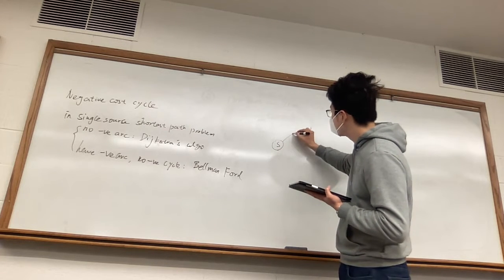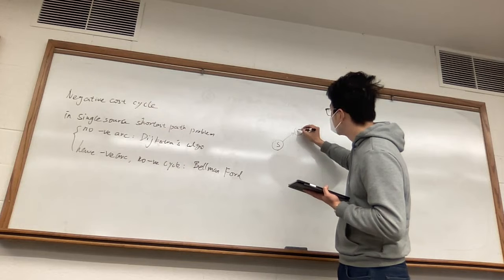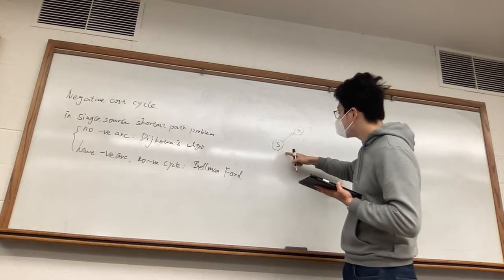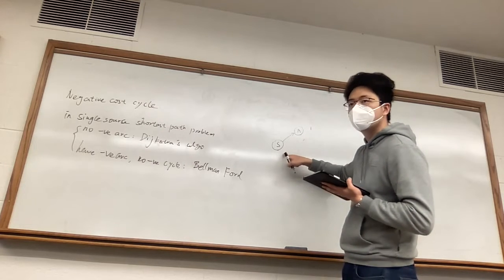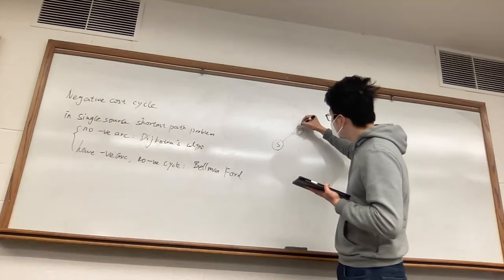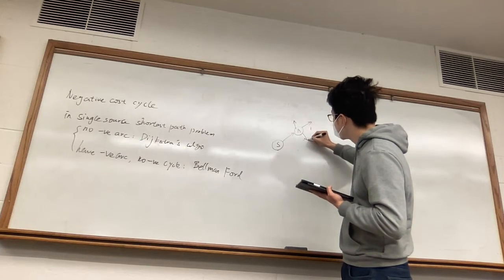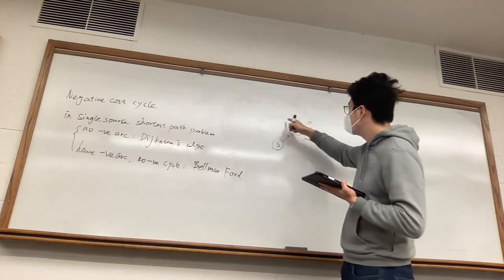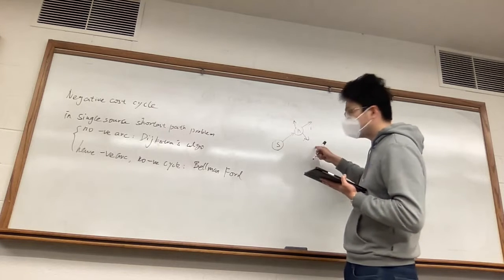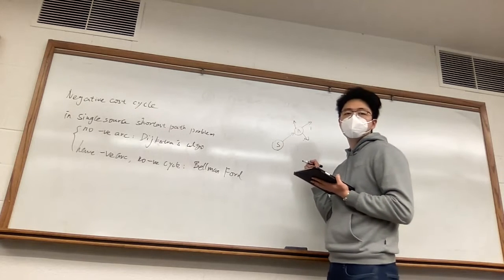And then you select the shortest distance. So suppose from S you can go to some vertex A. And then in the next step, for all those arcs that are adjacent to A, that's to say, you can go from A to other vertices, you update their distance, right?